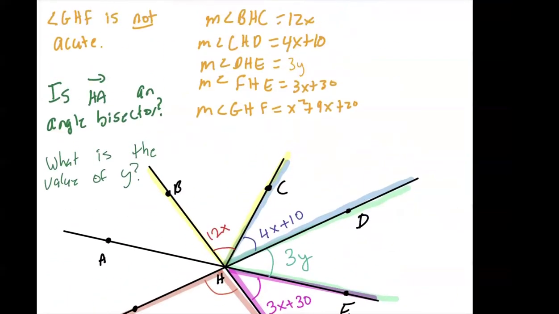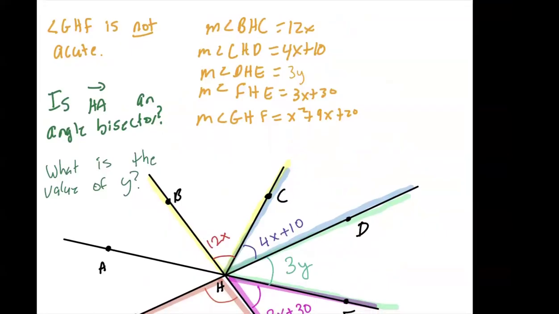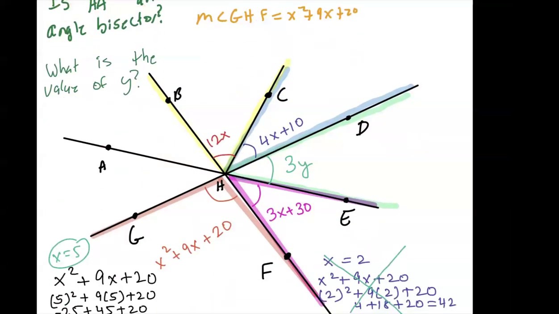Let me read the question again. They didn't only ask me the measurement of x, they also asked, is HA an angle bisector, and what is the value of y?